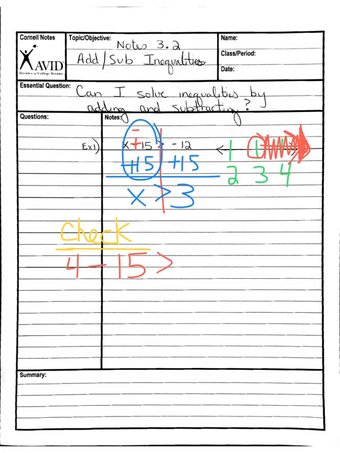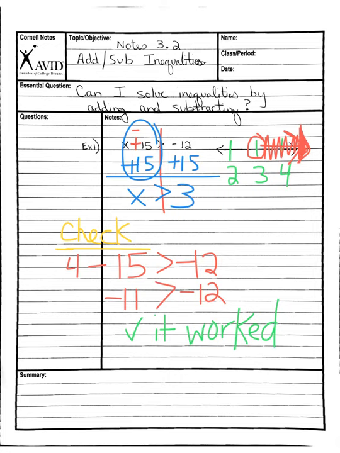Subtract 15 is greater than a negative 12. And if I look at my math here, 4 minus 15 is a negative 11. And is that greater than a negative 12? Yes, check, it works. And so you did shade the correct direction.